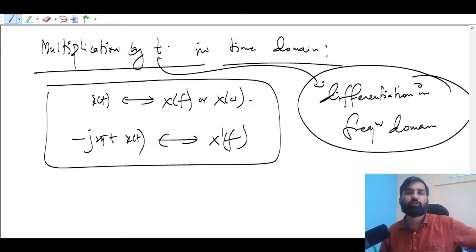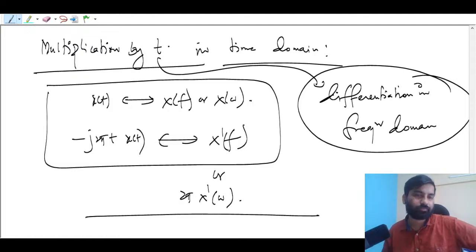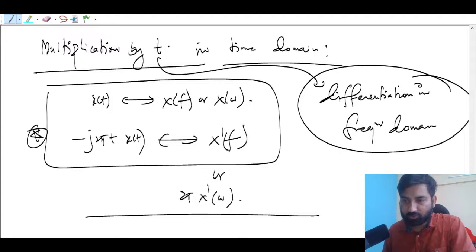So minus j 2 pi t x(t) equals X'(f), or you can write this as 2 pi X'(omega). So minus t x(t) is equal to X'(omega). This is a very important result, please do remember that.